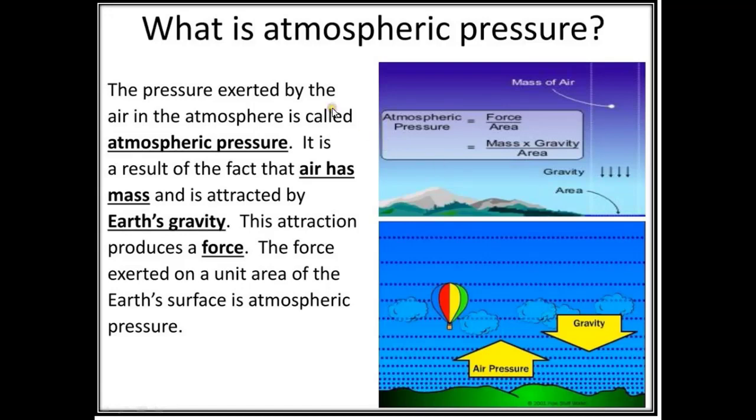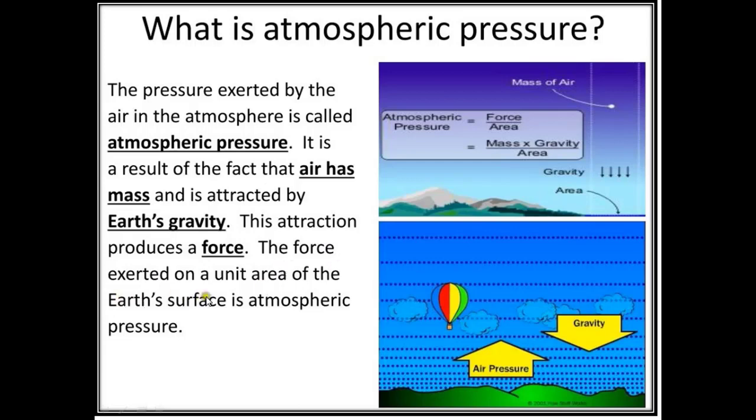The pressure exerted by the air in the atmosphere is called atmospheric pressure. It is a result of the fact that air has mass and is attracted by Earth's gravity. This attraction produces a force.